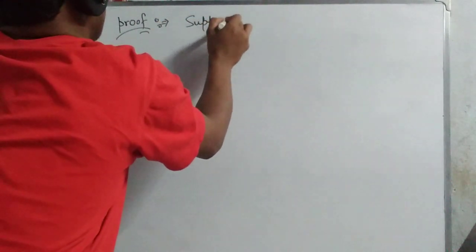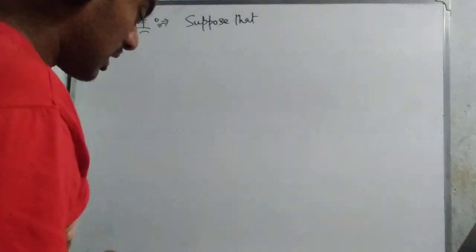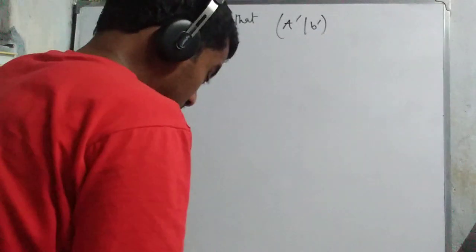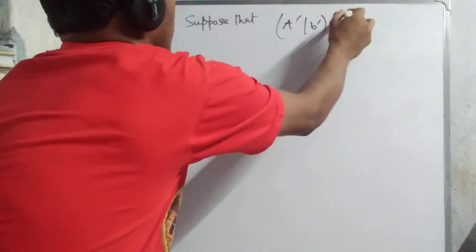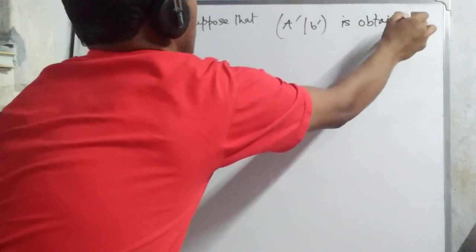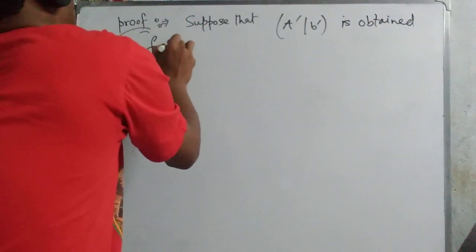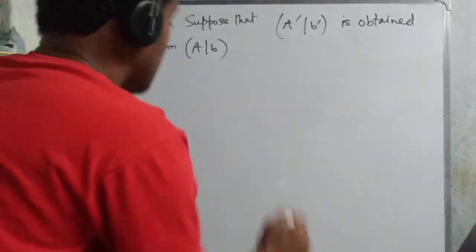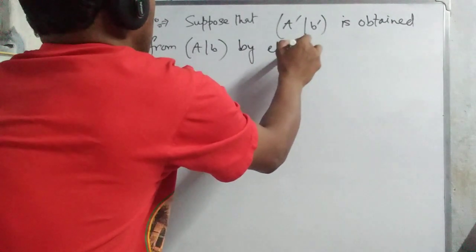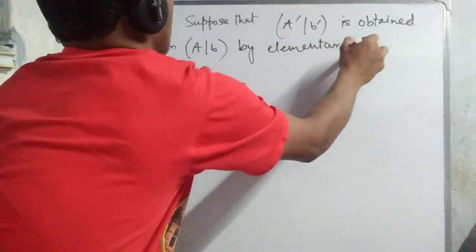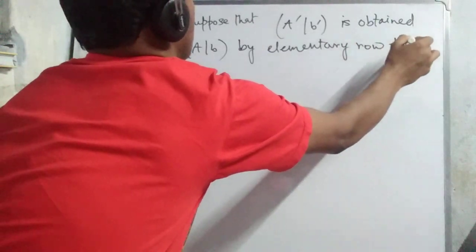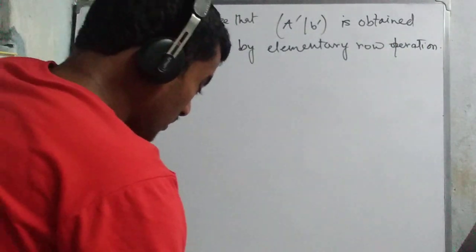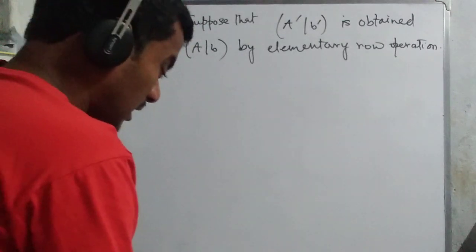Suppose that A dash augmented B dash is obtained from A augmented B by elementary row operations.